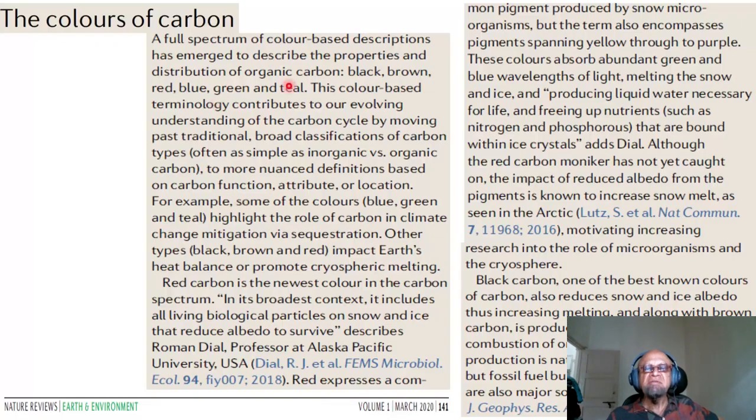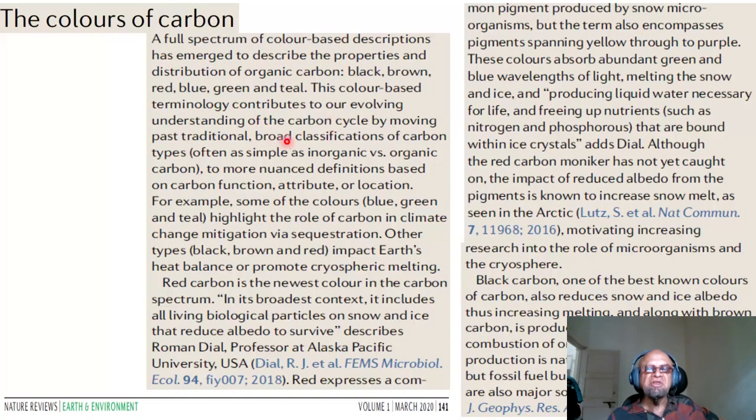A full spectrum of color-based descriptions has emerged to describe the properties and distribution of organic carbon: black, brown, red, blue, green, and teal. There are a few more that the US Geological Survey has reported that we'll look at.